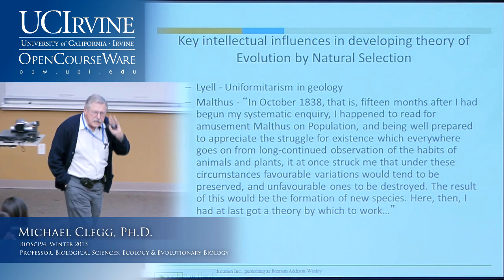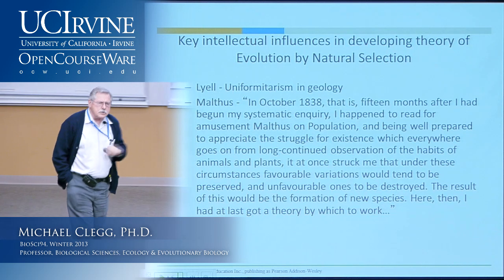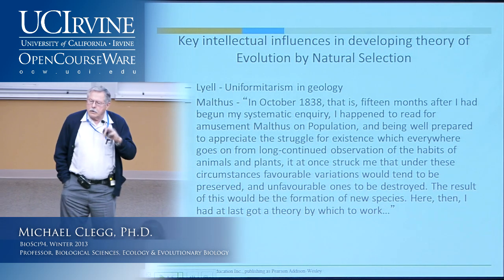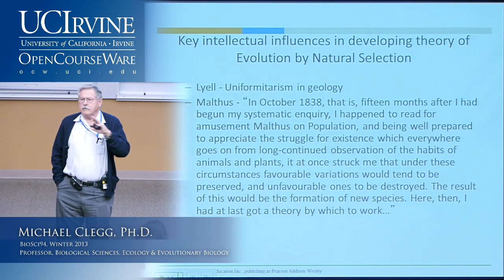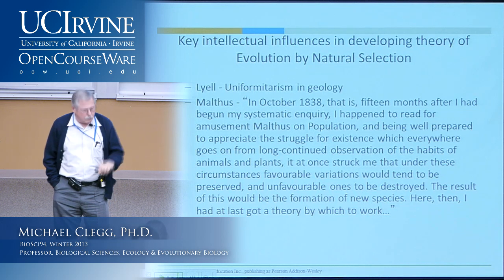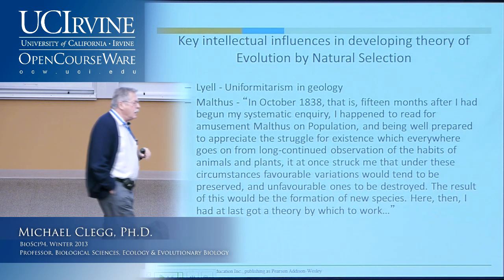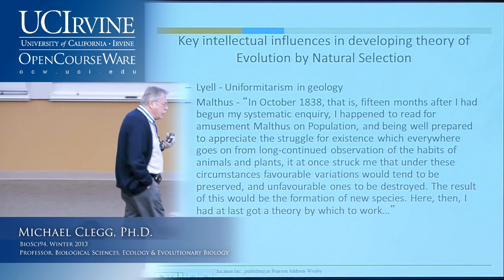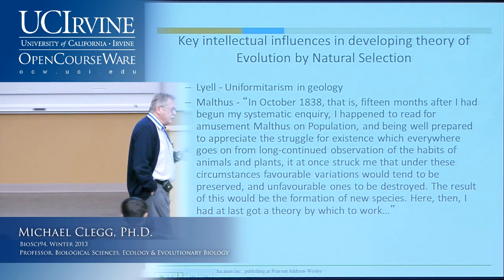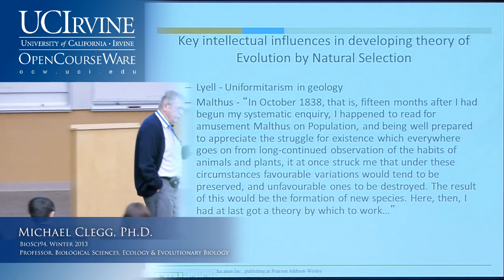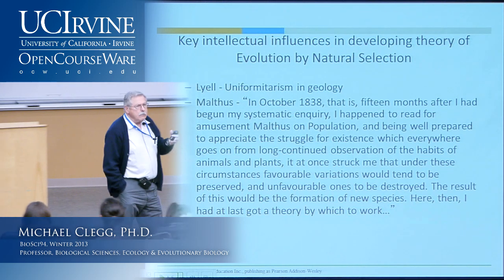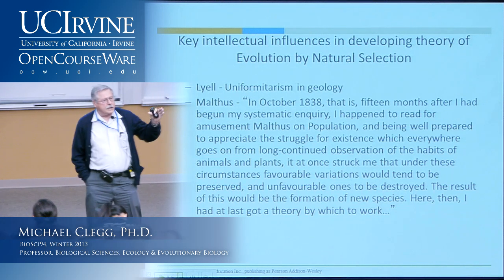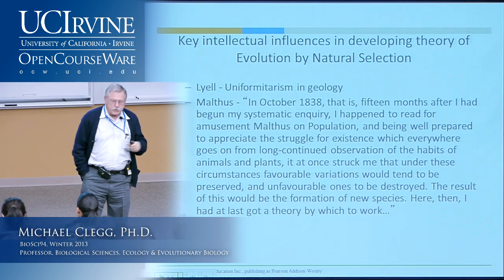And there were two key influences on his thinking from the work of others who preceded him. One was Charles Lyell. Charles Lyell was the greatest geologist of his time, and began his writings in the 1820s and 30s.